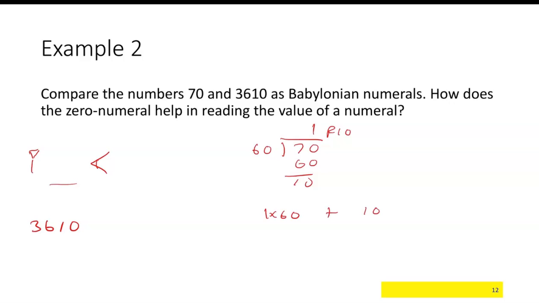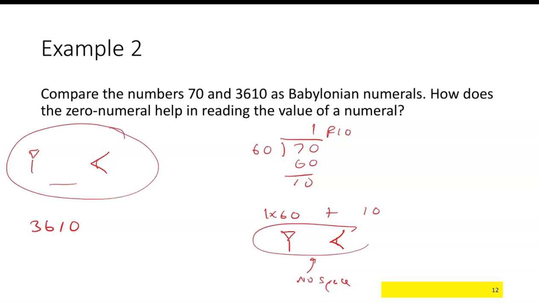So in Babylonian symbols, that would be the symbol for 1 and then the symbol for 10, but no space. And so if you compare the 3,610 with the 70, essentially it's the same symbols, except that the 3,610 is a little farther away. You can get an idea of why having a 0 numeral is important.